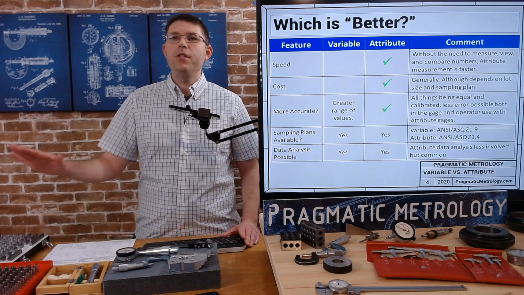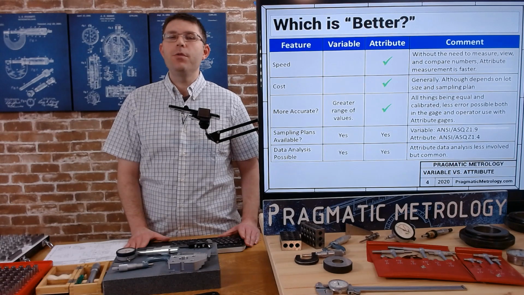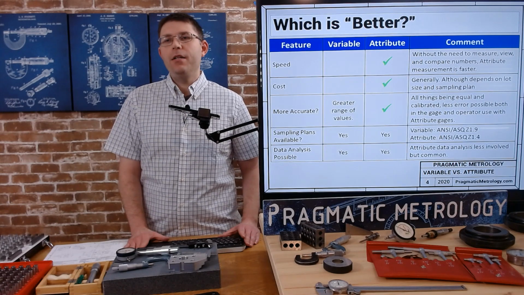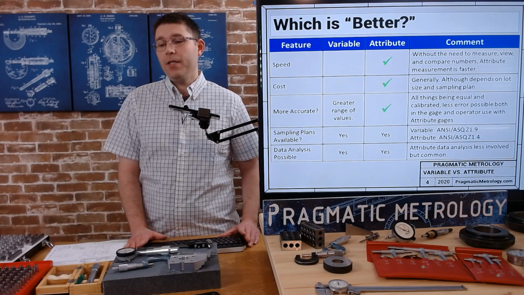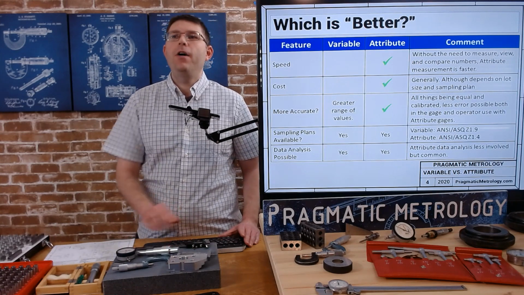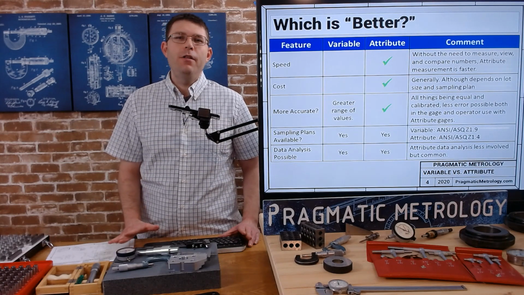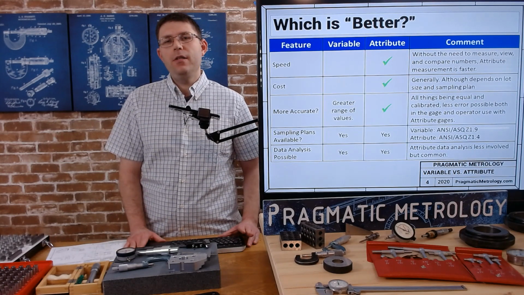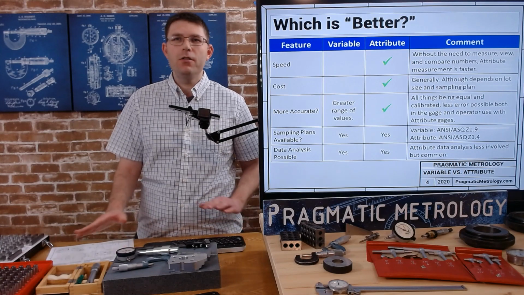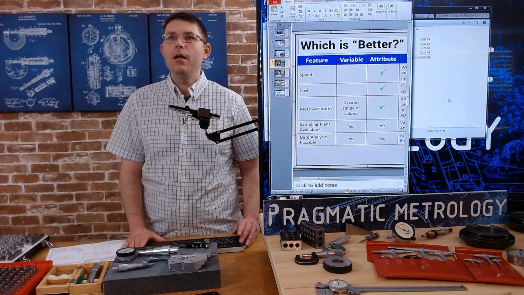If you're going to be using go, no-go gauging, you're going to grab the attribute Z1.4. And if you want to use variable inspection plans where you need an actual number, you might want to follow Z1.9. And as I mentioned, there's another video where I'll talk about sampling plans. That's not exclusive to the gauges, it's more exclusive to the measurement, to the method.